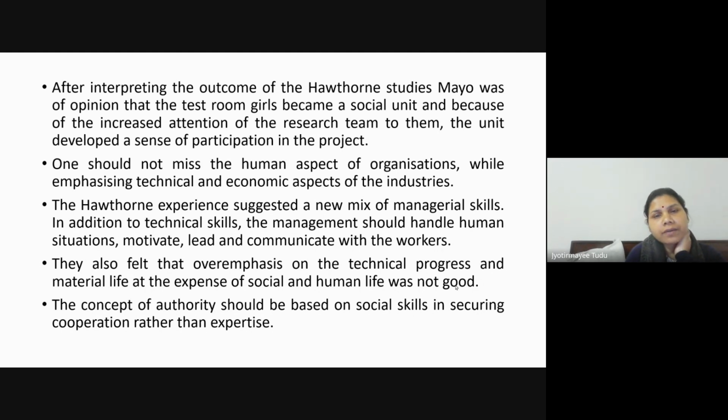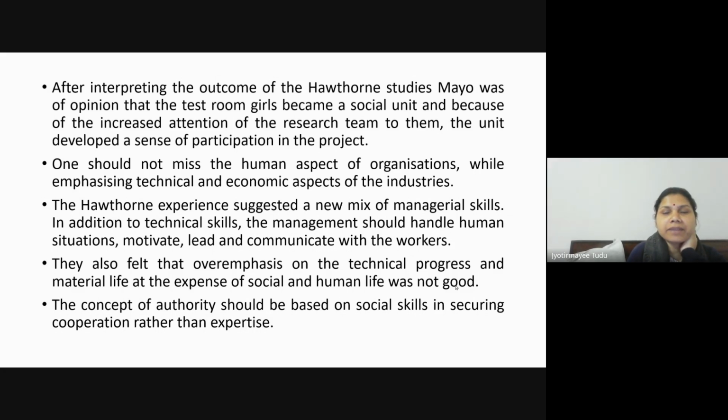In that regard, those persons who are part of the organization need to develop a bond among themselves. And here the bond among them, whether it is to be imposed by the management or identified by the persons themselves, in that aspect Mayo is not saying anything.